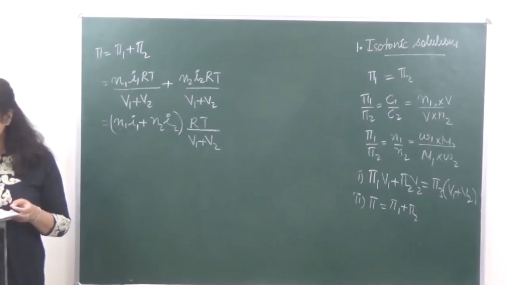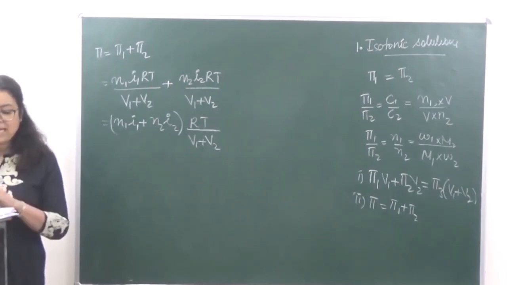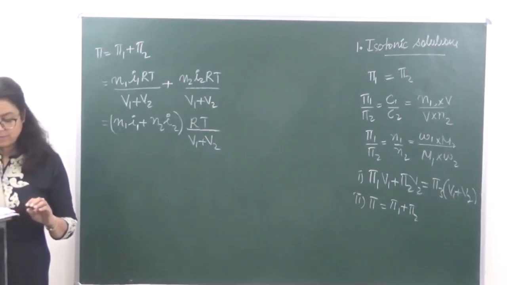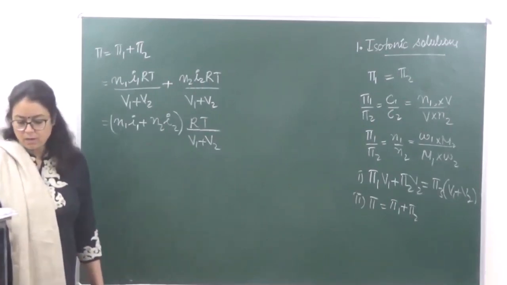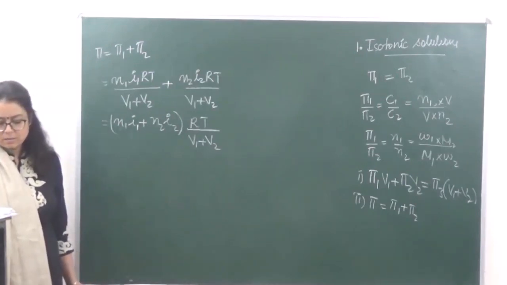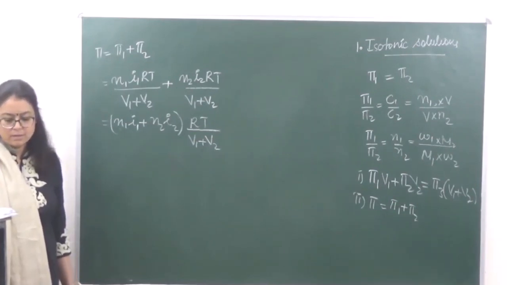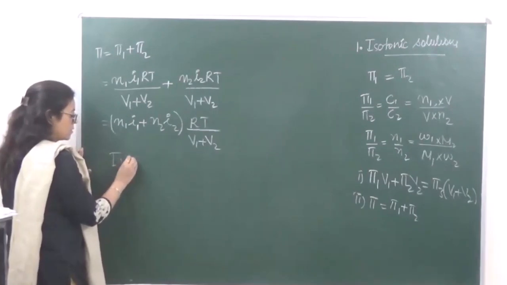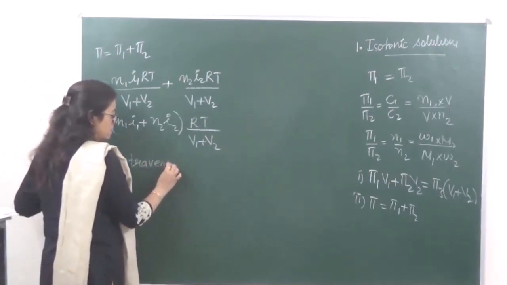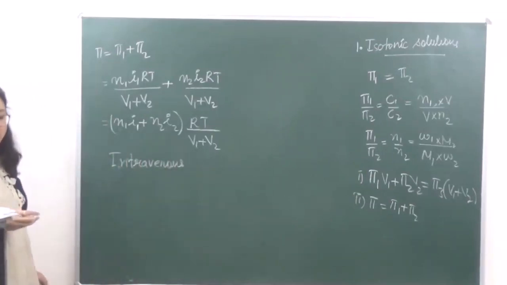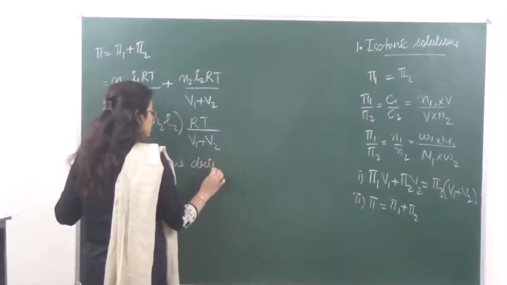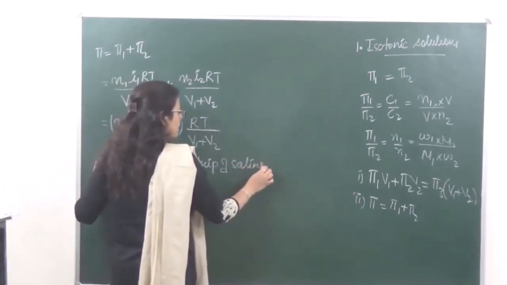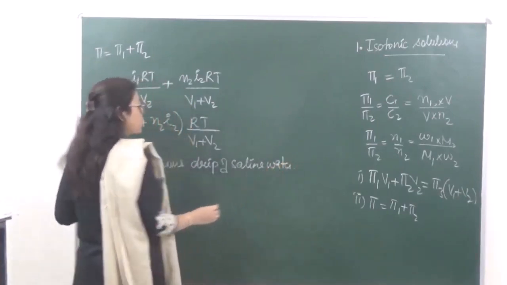The osmotic pressure is required for many biological processes, for example, intravenous drip of saline water.